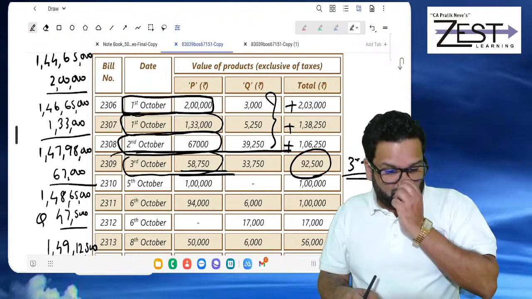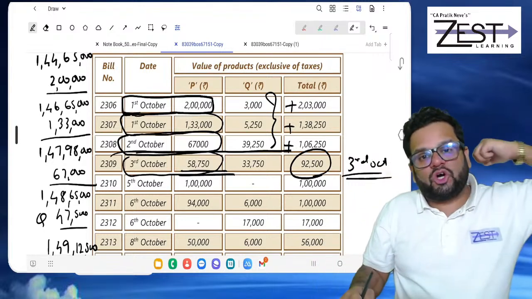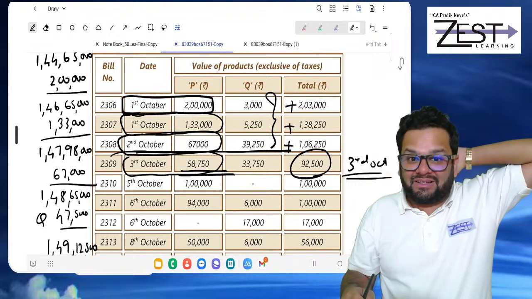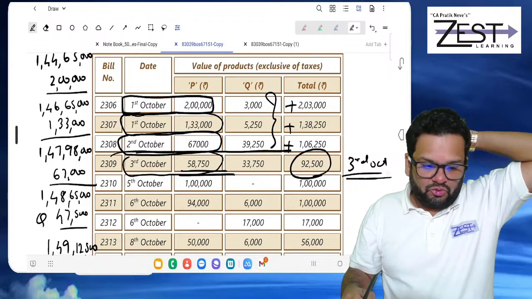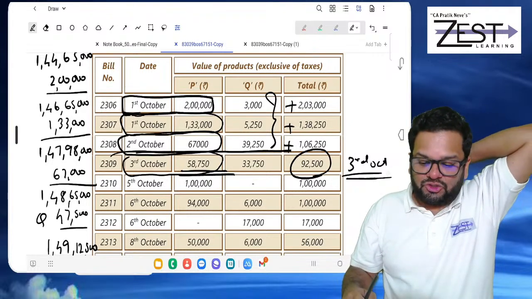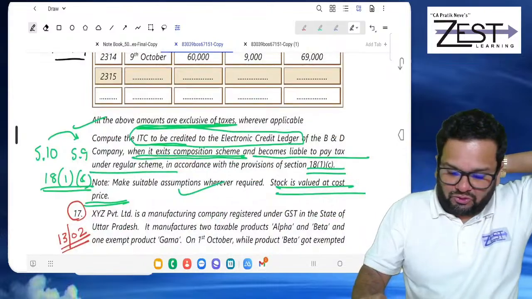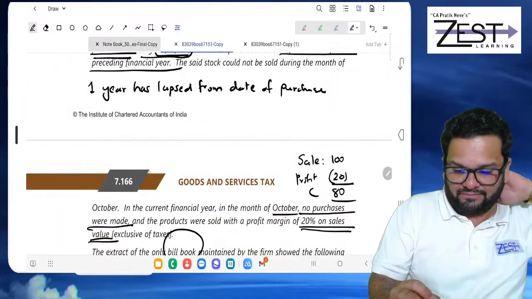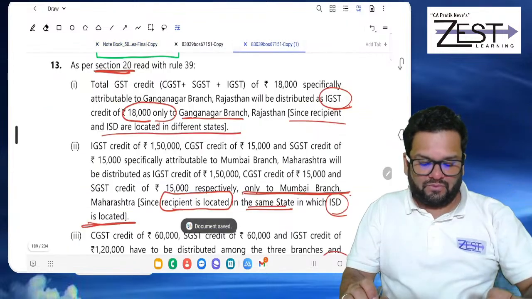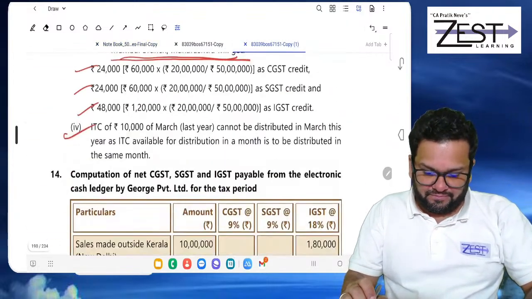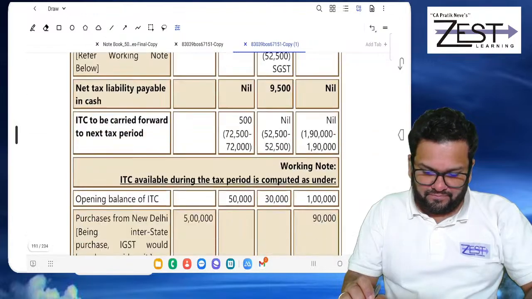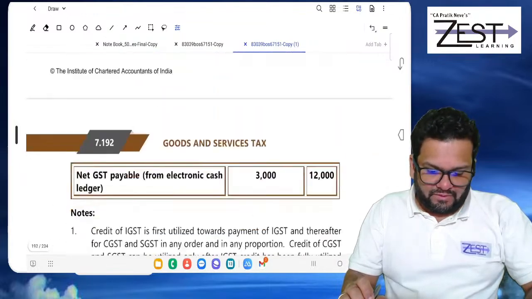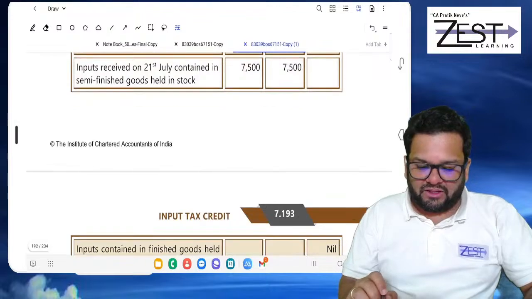Do you agree? So I should check the stock as on 2nd October's day end. I should check ITC with respect to stock as on 2nd October's day end. Do you all agree with me? Have you all understood why 2nd October?